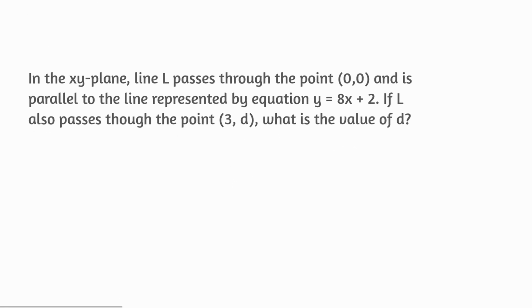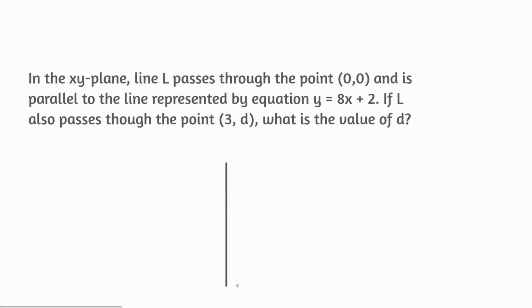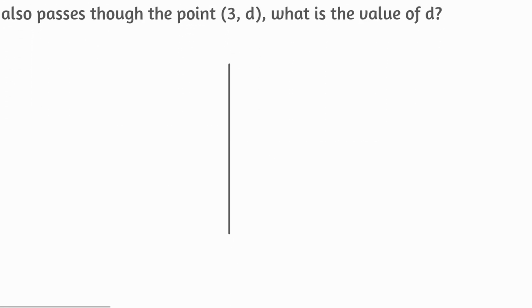So let's figure out what's going on in the problem, and let's make a quick sketch of the graph. Here are our axes. Let's label them: here's our y, here's our x.